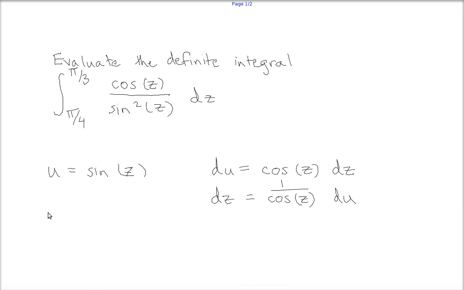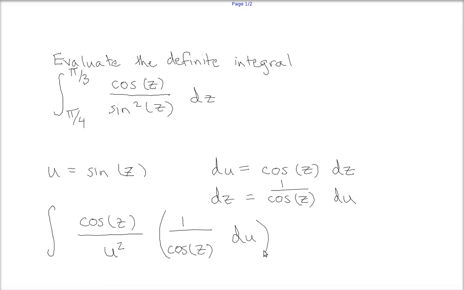Now let's go back and substitute some stuff back into our original integral. So for now we'll keep cosine of z on the top, and on the bottom, since we had sine squared of z and our u is sine of z, we're going to have u squared. And then substituting in for dz, we're going to have 1 over cosine of z times du.